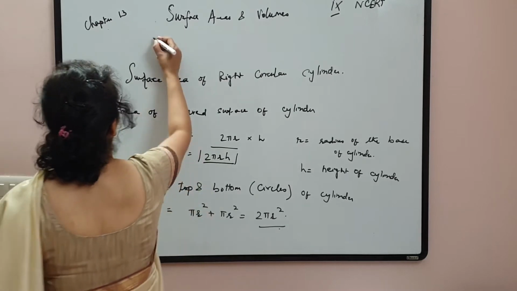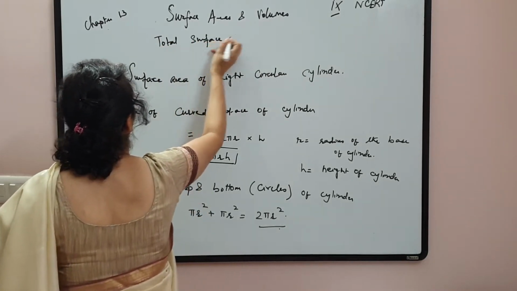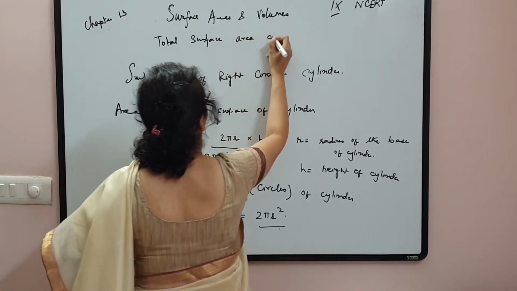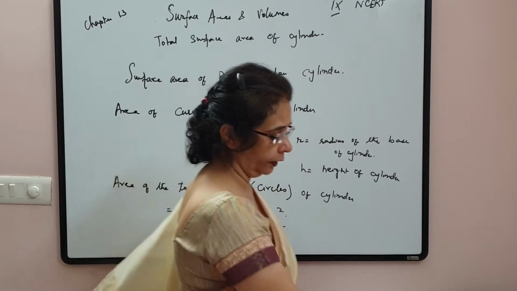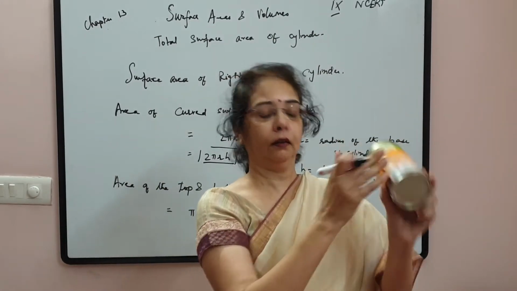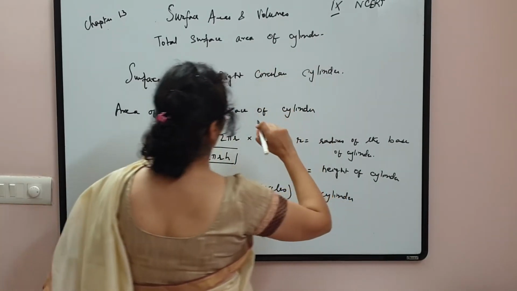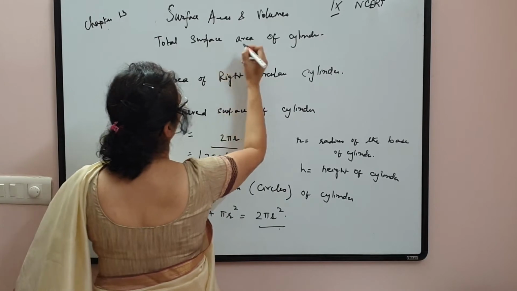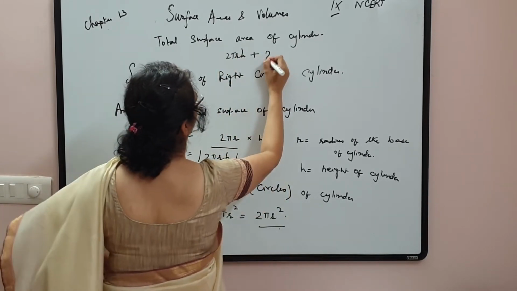Then what is the total surface area of the cylinder? What is the total surface area, children? This area, this area, this area. That is the total surface area of the cylinder. It is the surface area of the curved surface, which is 2 pi r h, plus 2 pi r squared.